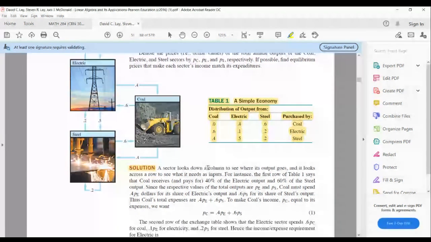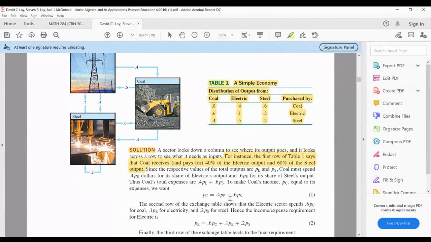Incidentally, you can see they mention here, just to reinforce what we said, that the first row of table 1 says that coal receives and pays for 40% of electric output and 60% of steel output. Now, ultimately, what we want to do is have a system of equations. Let's focus on coal.